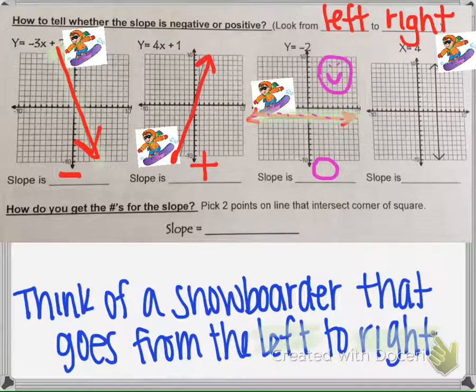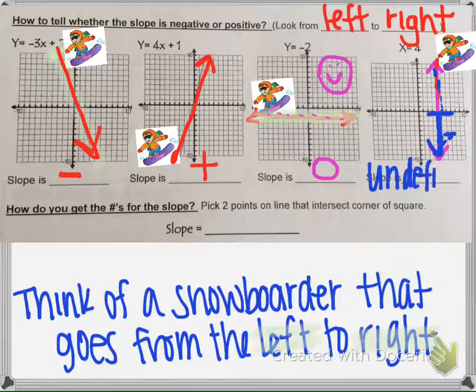But if we take a look at this last example here, we have a vertical line, and we're going to run into some trouble with this snowboarder. He's going to hit the snow. Here's the ground. He hits the ground, goes under the snow. That's where the negatives are here. He's going to go into the snow, and then he's never going to be found. And that's how I remember that little story.